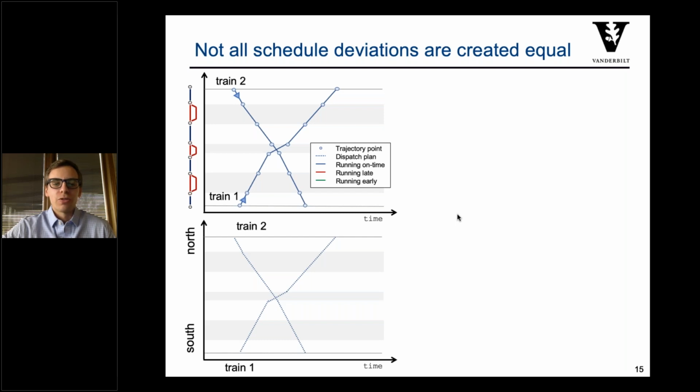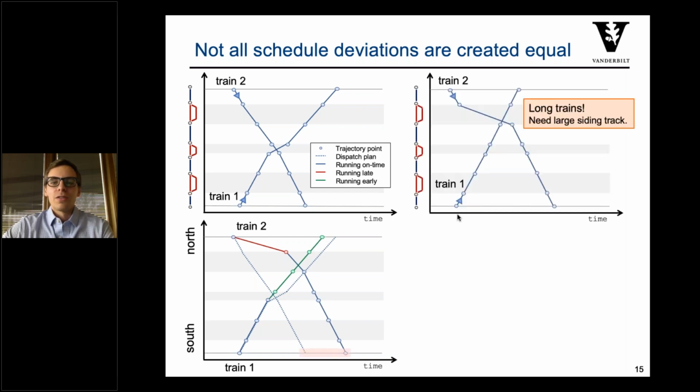Here's the original dispatch plan, and if we encounter a scenario where train 2 is delayed a significant amount, we are able to replan in real time to make that meet event happen at the northern siding as opposed to the middle one, and incur actually a runtime decrease for train 1 and incur very little additional runtime increase for train 2. That's a minimal impact to the schedule.